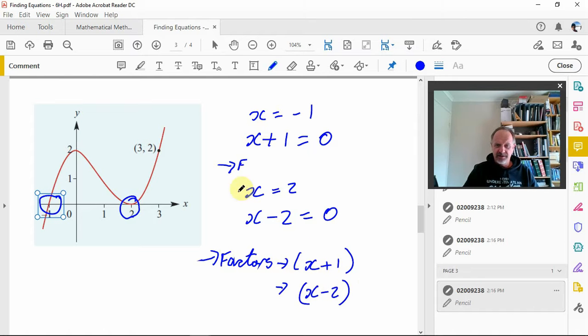Now, when we go to this one here, we notice that there's a stationary point, a turning point, on the axis. All right. So when there's a repeated factor, which this is, a turning point on the axis means a repeated factor.